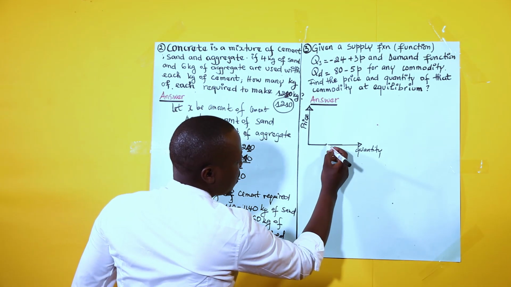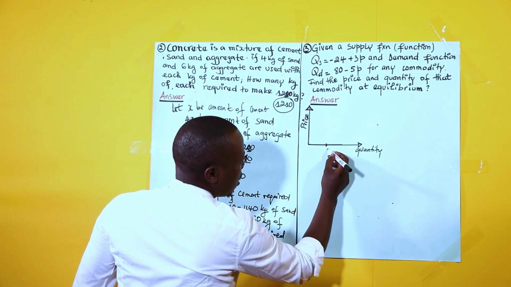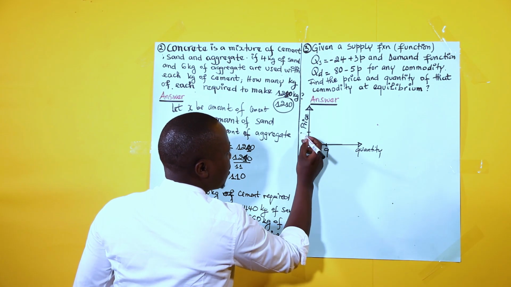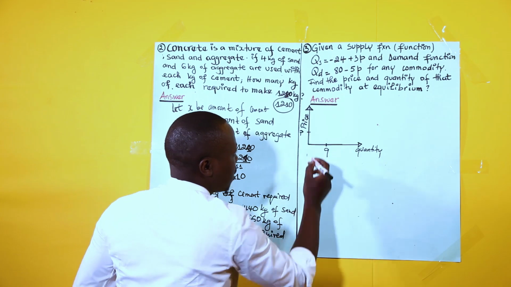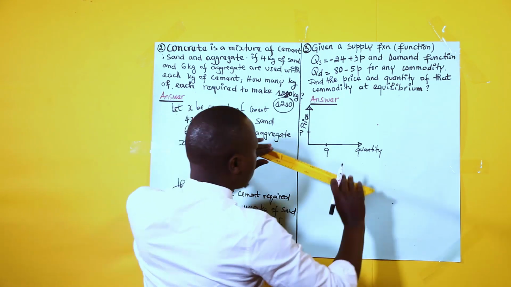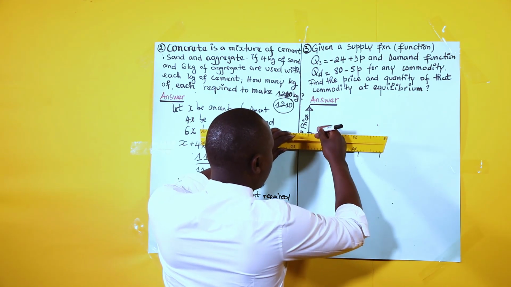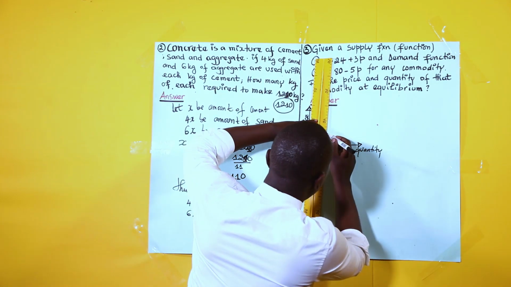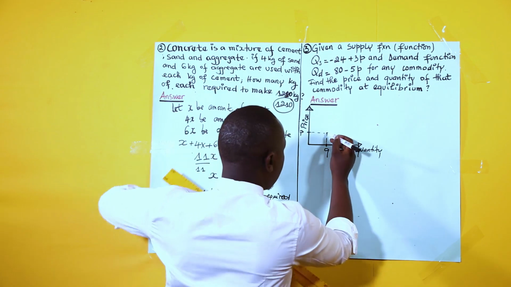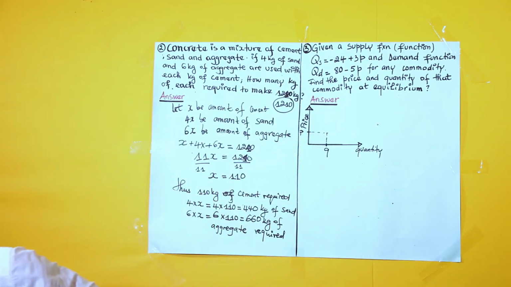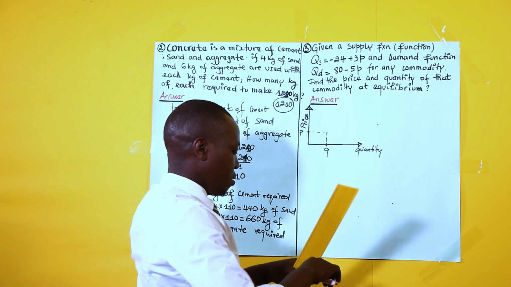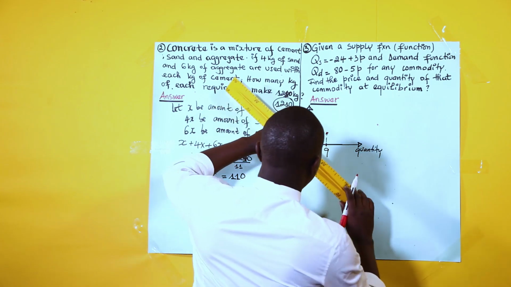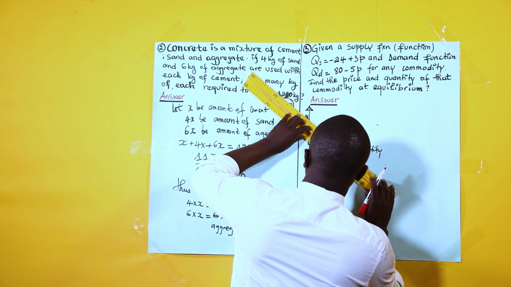So we can choose P and Q as a point where you can find equilibrium, somewhere here, and this point is the point of equilibrium, right?